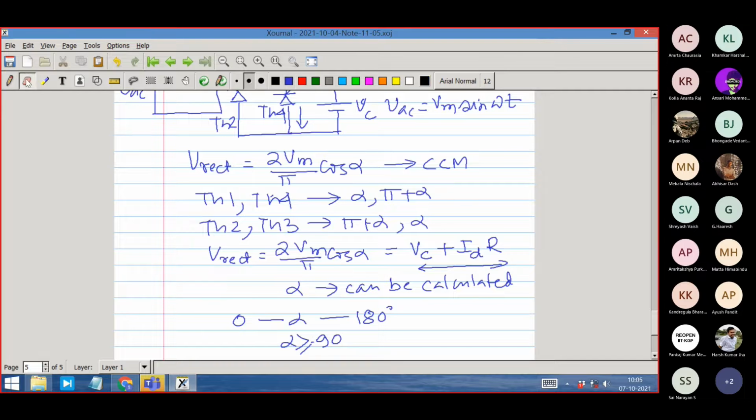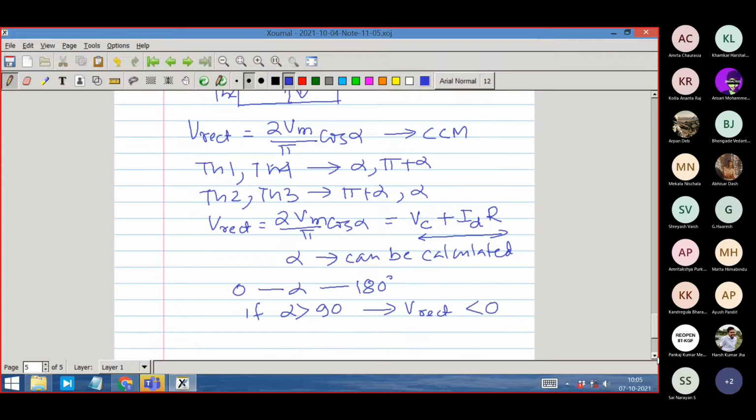But when alpha is greater than 90 degree, we will get the average V rectified, which is less than 0. Don't be too upset about it. V rectified less than 0 is also sometimes a requirement, a very good requirement.